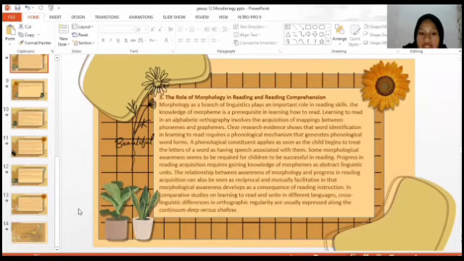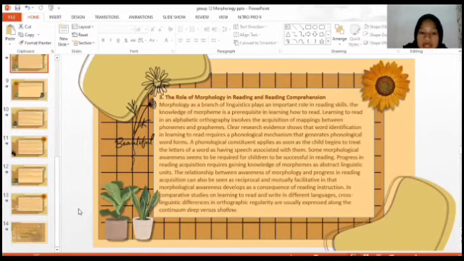Progress in reading acquisition requires gaining knowledge of morphemes as abstract linguistic units. The relationship between awareness of morphology and progress in reading acquisition can also be seen as reciprocal and mutually facilitative, in that morphological awareness develops as a consequence of reading instruction.